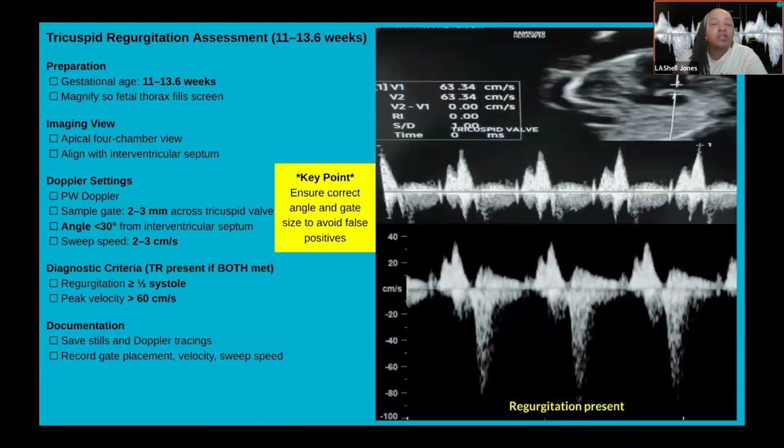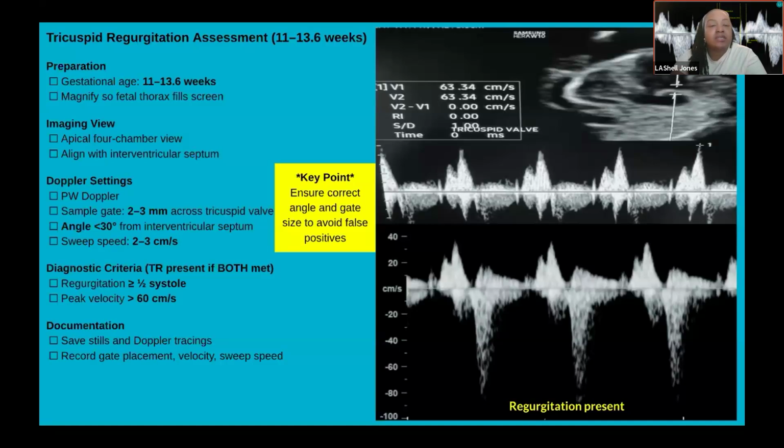Now, here in particular, it's following Fetal Medicine Foundation guidelines of how to acquire for tricuspid regurgitation. Now, this assessment is done between 11 weeks and 4 days through 13 weeks and 6 days. Okay. Now, you want to follow these guidelines, especially if you're considering certification that they have.